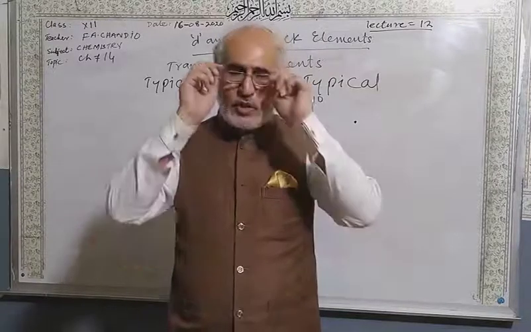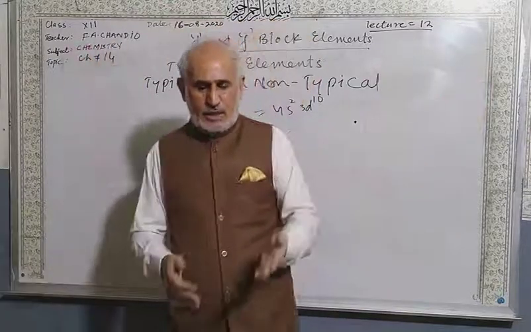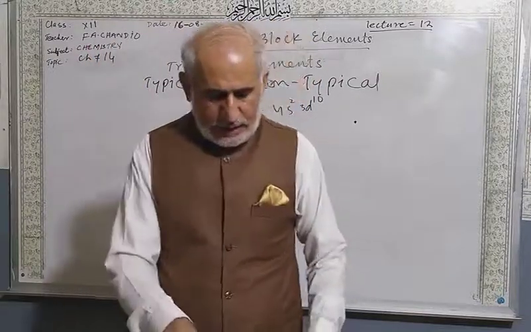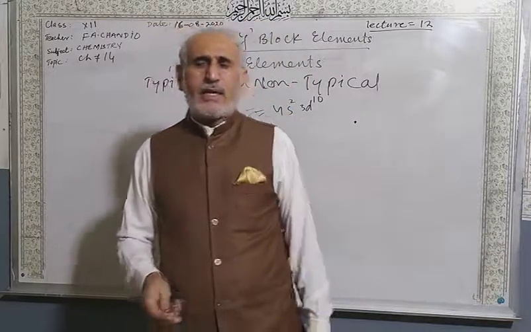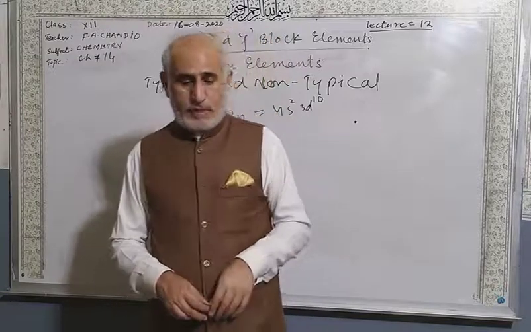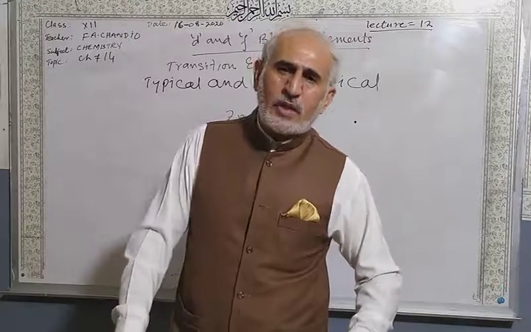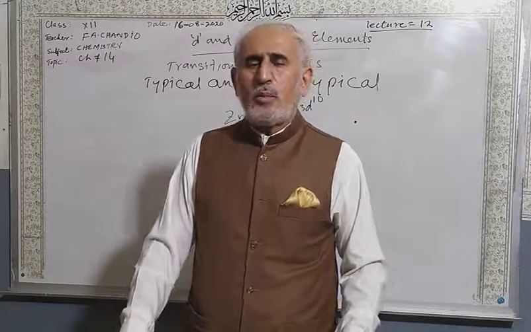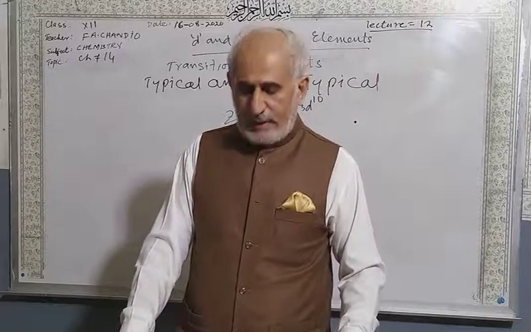Already I told you the position of the transition metals. They are in between the s and p blocks. See the table which is given here. On the left side, the alkali metals and alkaline earth metals are very reactive and highly electropositive. On the right, you can see the p block elements starting from boron, carbon, nitrogen, oxygen, fluorine, and neon.